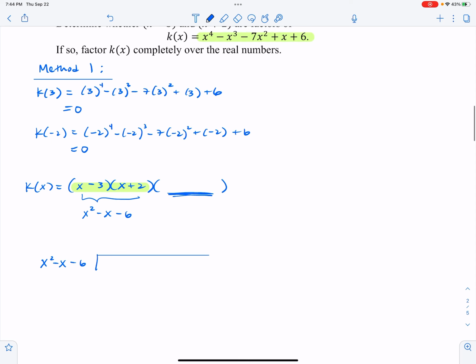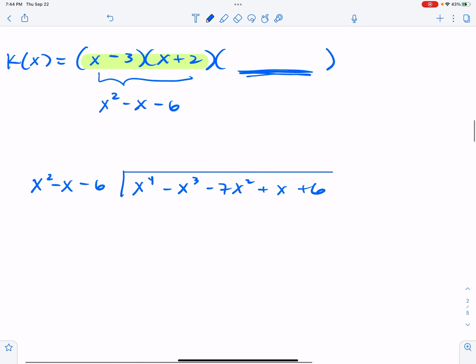So k of x is x to the 4th minus x cubed minus 7x squared plus x plus 6. I don't need any placeholder. So then I think, okay, well, what times x squared would give us x to the 4th? And that would be x squared.